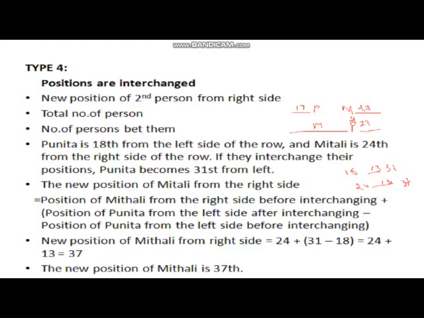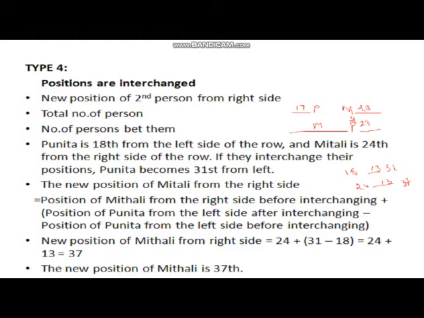Now see, after interchanging, the position of Punita changes from 18th to 31st. So totally 13 positions are changed for Punita after interchanging. Got my point? The question is, we have to find the new position of Mitali from the right side.